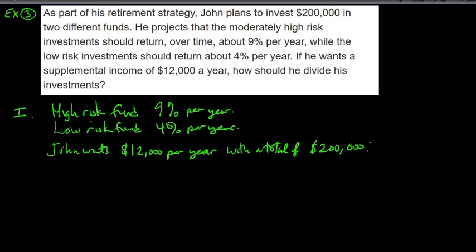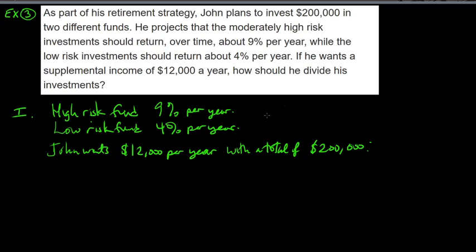So let's see, there's a lot of ways we can divide this $200,000 up into these two funds, right? We can just do half and half, 100,000 in the high risk fund and 100,000 in the low risk fund, right? But will that get us $12,000 a year? Probably not.